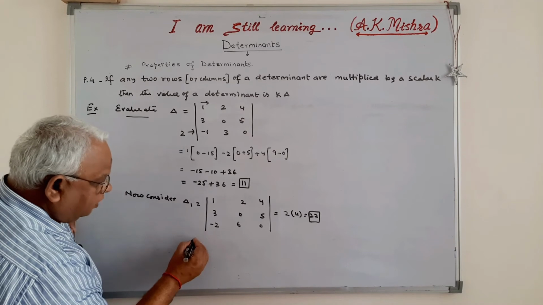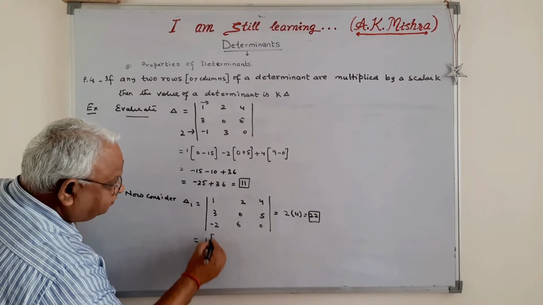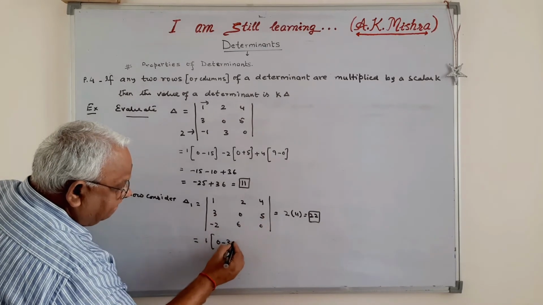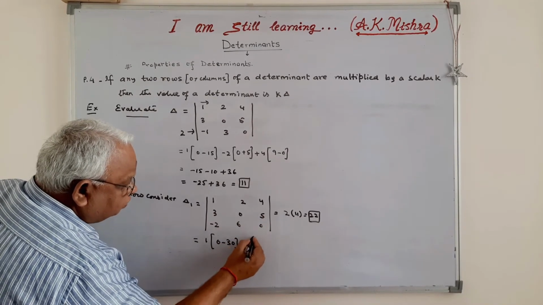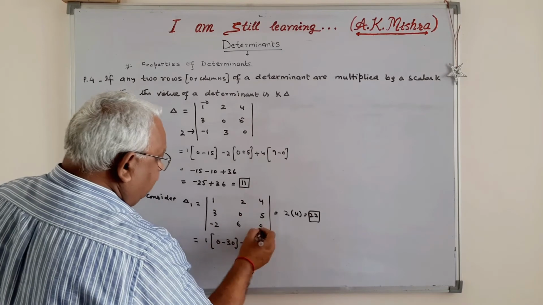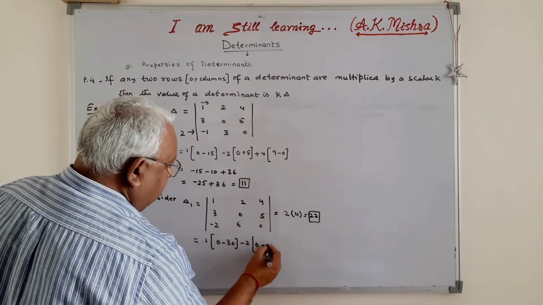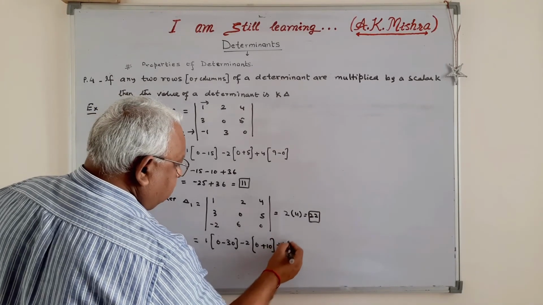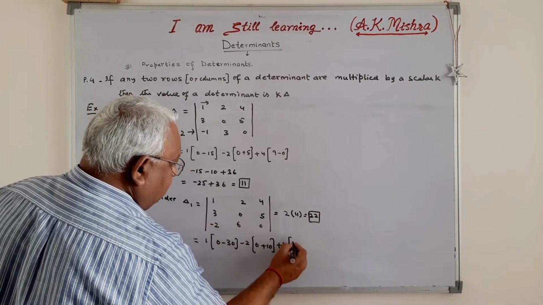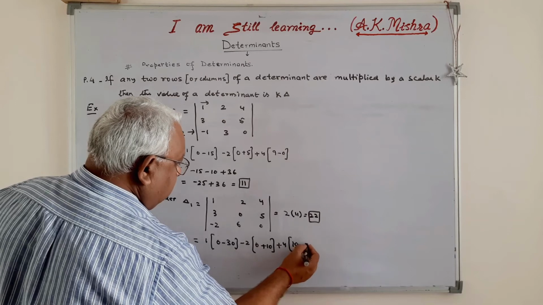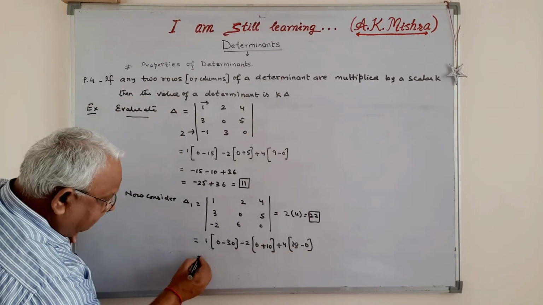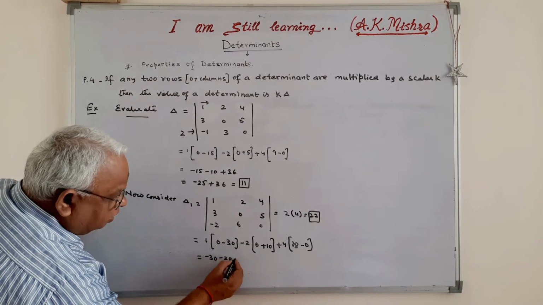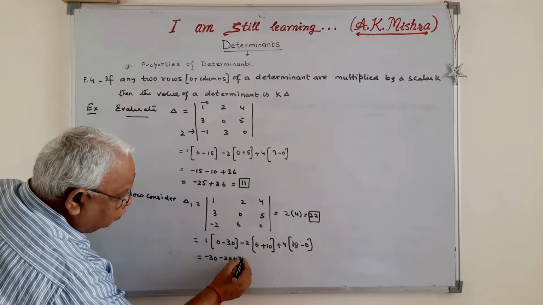Let's see. 1 into (0 minus 30) minus 2 times (0 plus 10) plus 4 times (6 threes are 18 minus 0), minus 30 minus 20 plus 72.